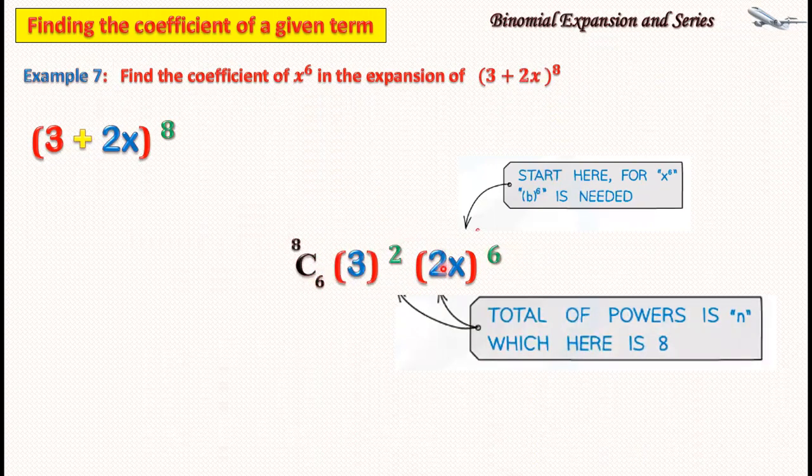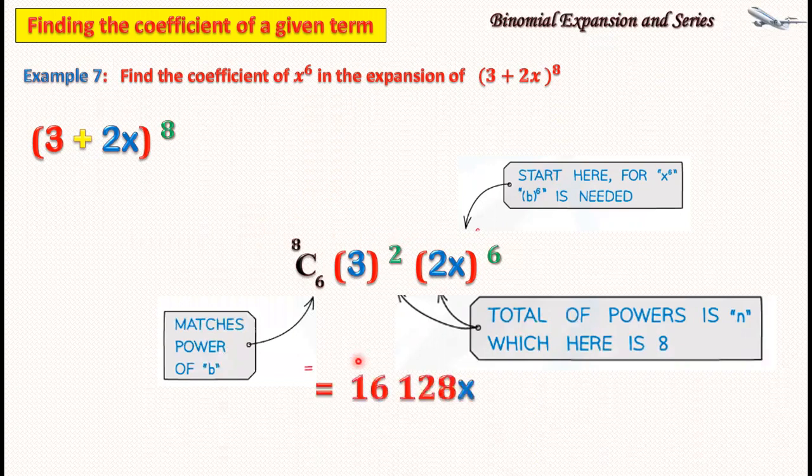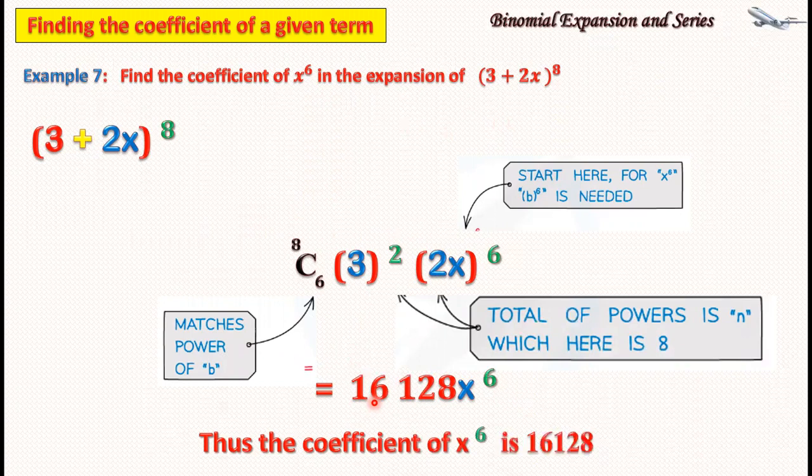So this is going to give me the coefficient of x to the power 6. Now let us expand and see what we have. This is going to give us 16,128x to the power 6. So what is the coefficient of x to the power 6? It is 16,128. This is just a short trick to find the coefficient of x to the power 6 in this expansion, as sweet and simple as it is.